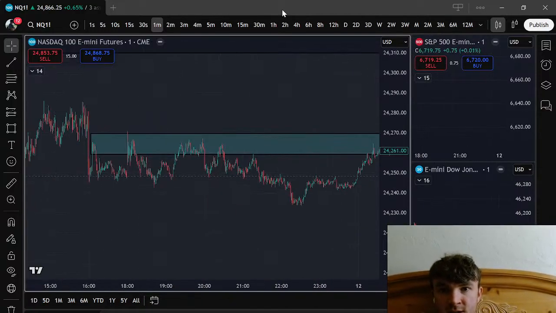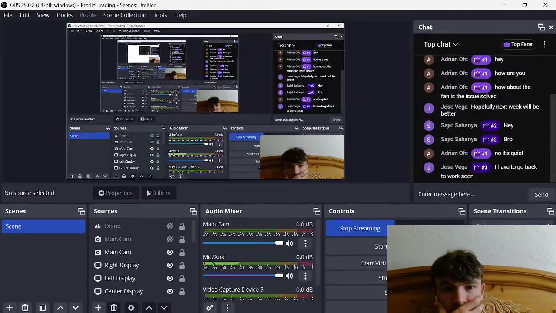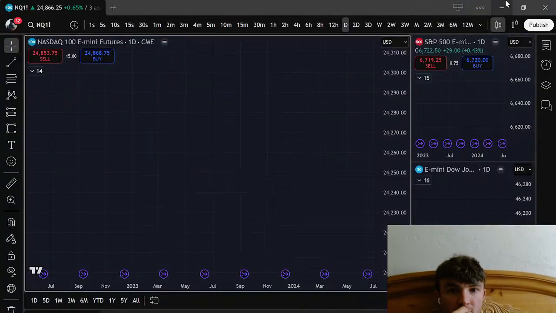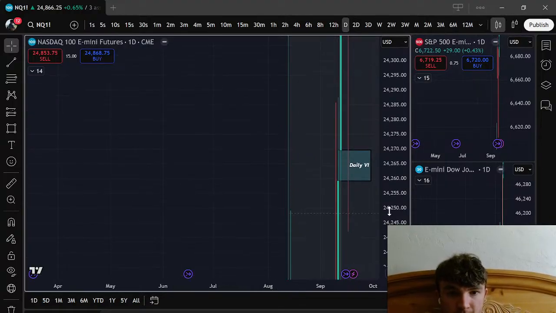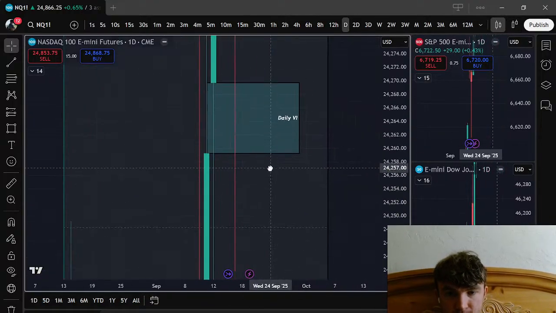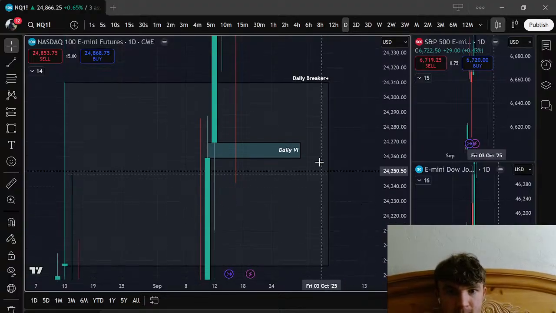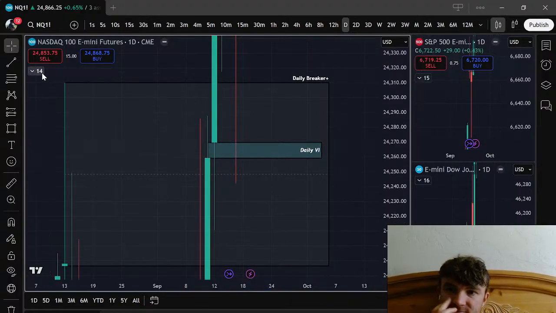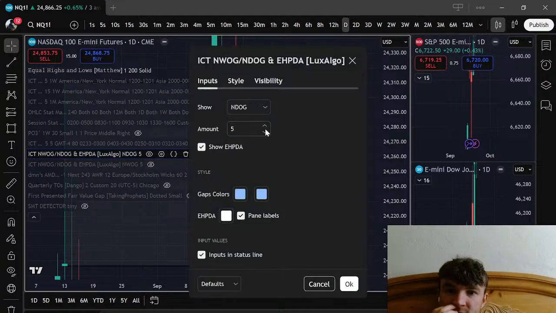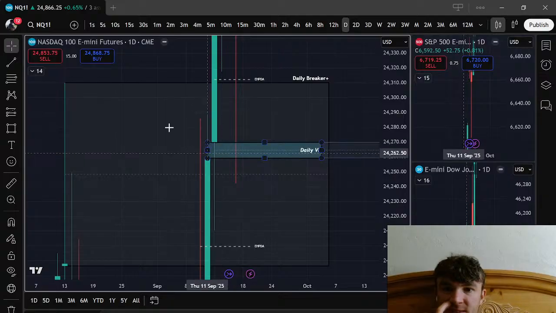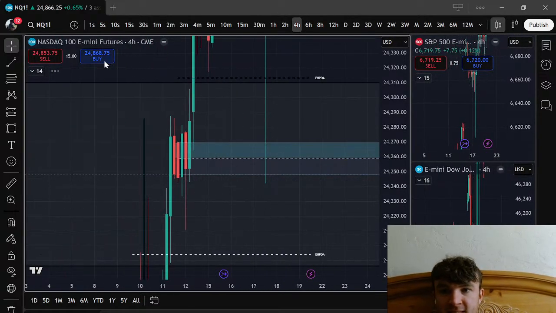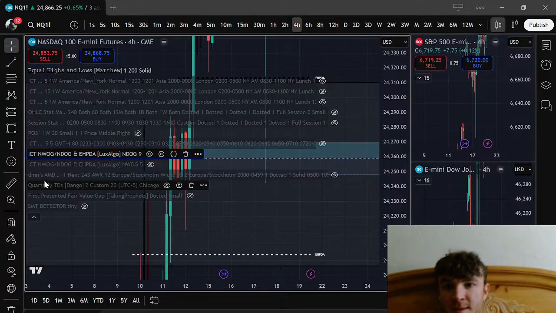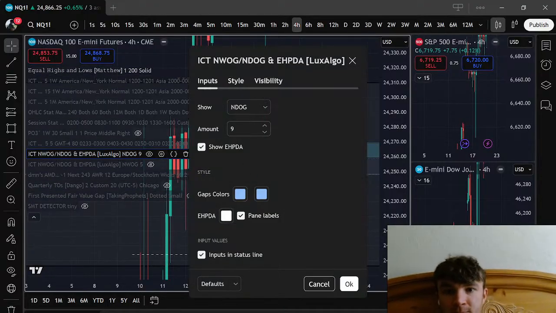But the point is, right, we had the daily breaker. But yeah, once again, right there it's showing up as that, but then if I go down, you can see it's different. That's why, in my opinion, it's not the same.